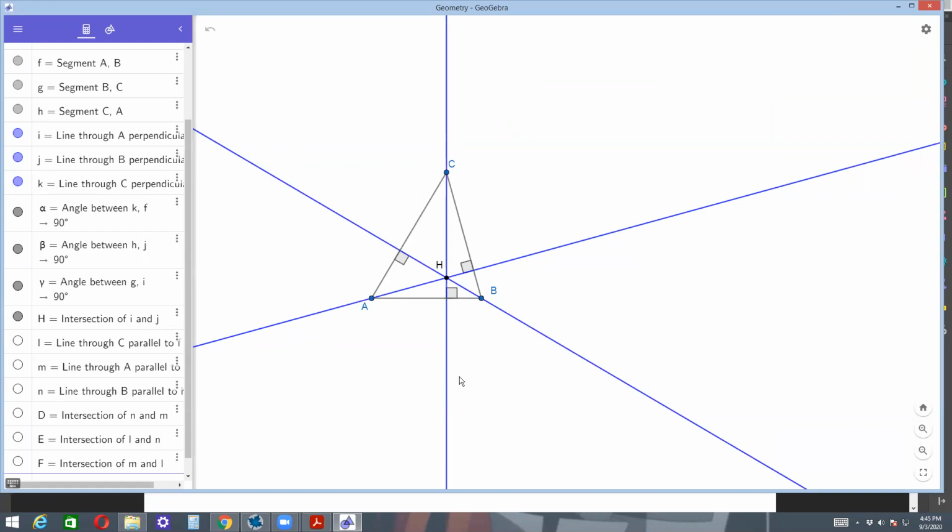So how the altitudes are defined is, if I have a triangle ABC, an altitude is a line from a vertex that is perpendicular to the opposite side. So this has to be 90 degrees and it must pass through the point C. It's similar to a perpendicular bisector. It's shifted a little bit. The perpendicular bisector would have been parallel to this, but it would have passed somewhere here through the midpoint.